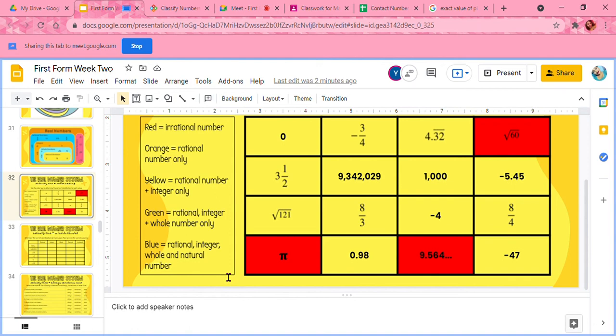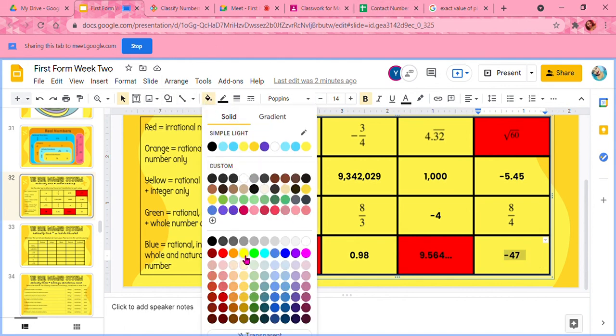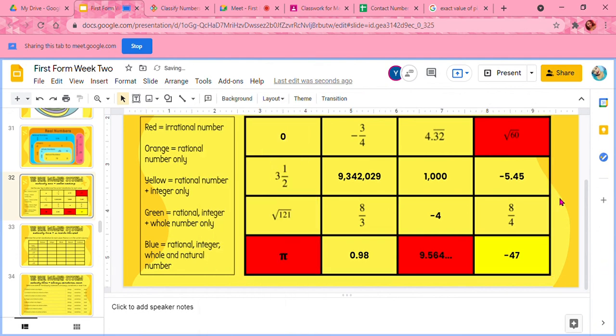Is it negative 47? So what color would you color that one? But negative 47 is not natural and it's not whole, so we can't color it blue. Yellow. Very good, yellow.